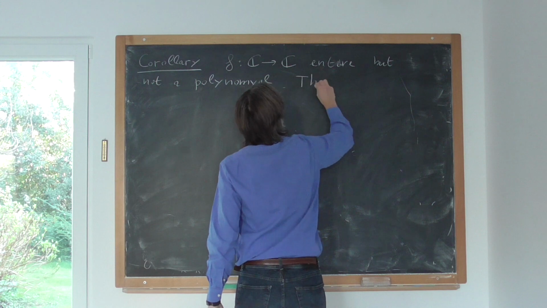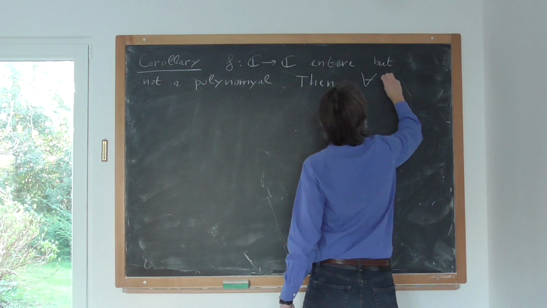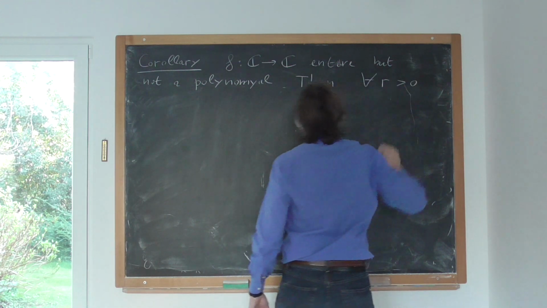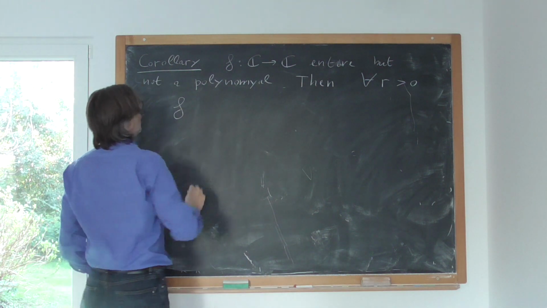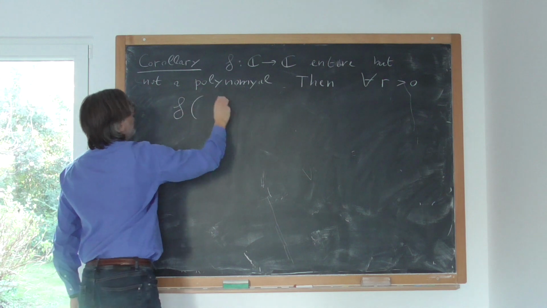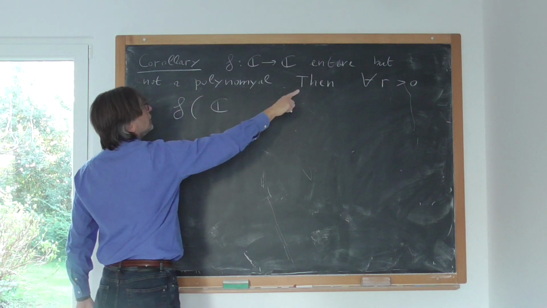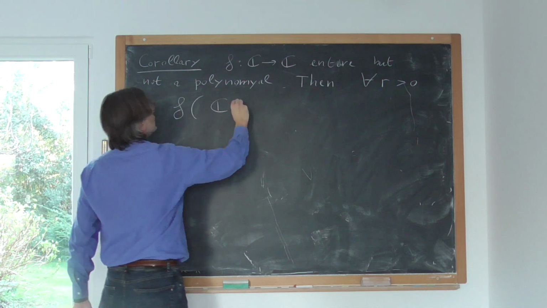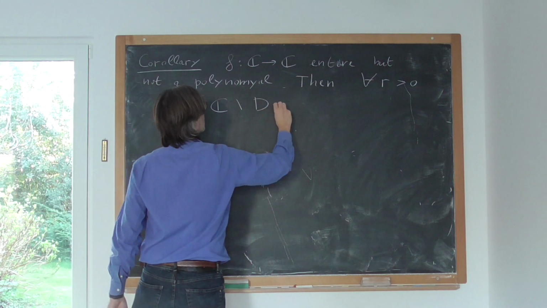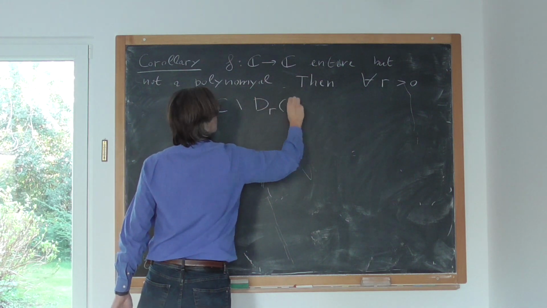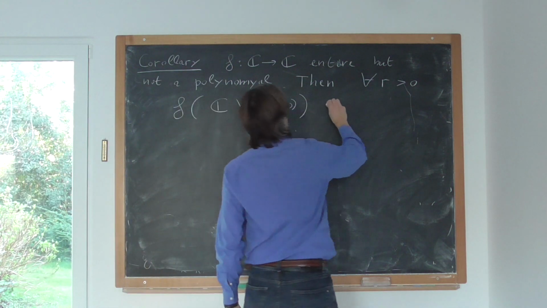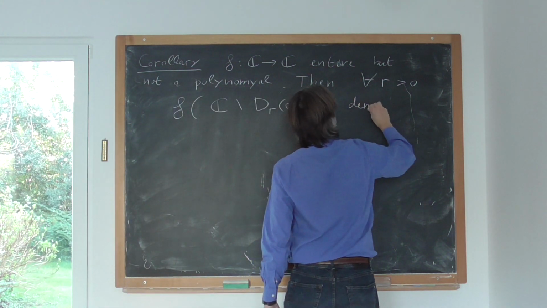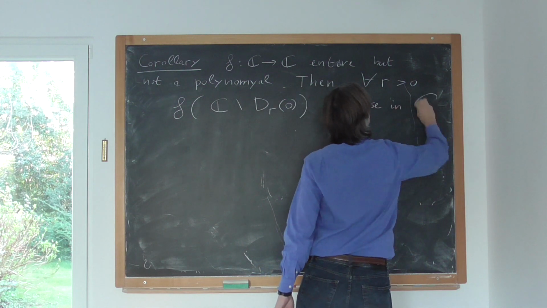Then, for all r positive, the image of the complement of the disk of radius r, so C minus the disk of radius r centered, for instance, at 0, this image is dense in C.